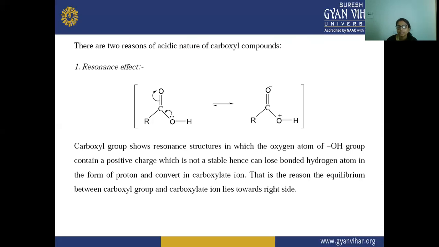Here you can see in the resonance structures of this carboxylic group, two structures are shown, and in one the oxygen atom of the OH group contains a positive charge. This OH group is having a positive charge in it, and this is not stable because this H positive can be lost from here as a proton.